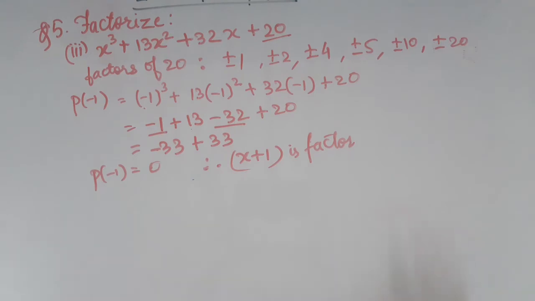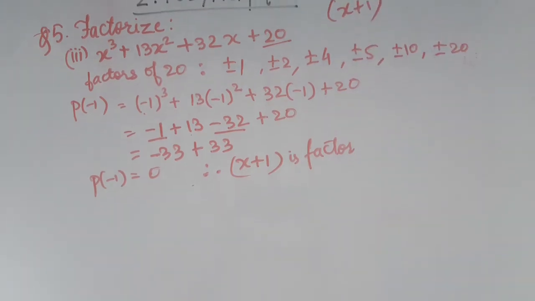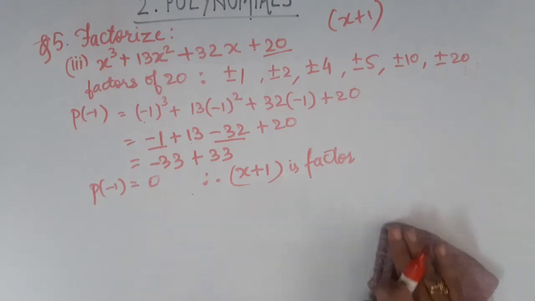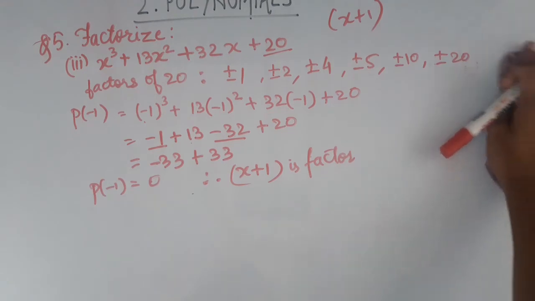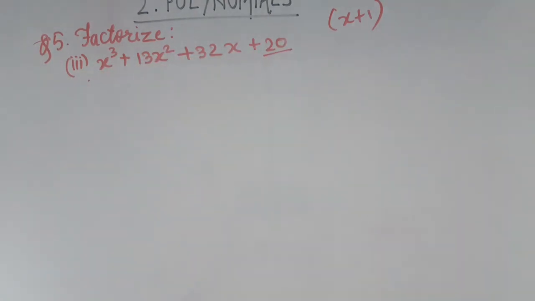Now perform the long division. So I will rub this part. I will write here x plus 1 we got as factor. Now let us rub this so that we are not having much space for long division. So let me rub this part, okay? Then perform long division.